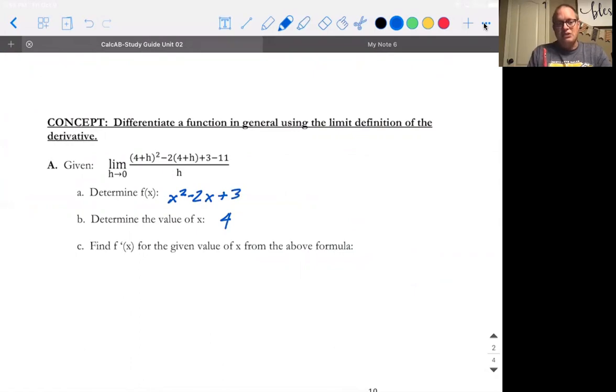What I'd like you to do is take a moment and do part C. Now, what we're really finding on part C is f prime of 4. So go ahead and pause the video and see if you can simplify the difference quotient that exists up above. And I'll be back with you momentarily and I'll work through it.